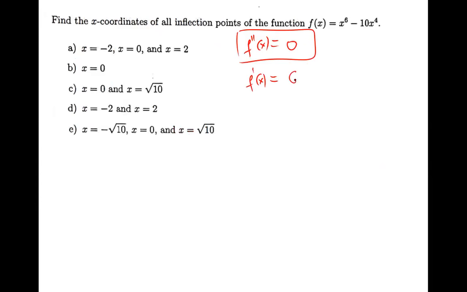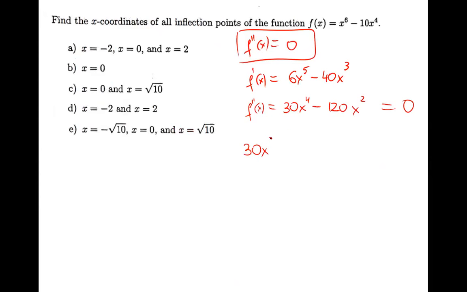The first derivative is 6x to the power of 5 minus 40x cubed. The second derivative is 30x to the power of 4 minus 120x squared. And this must be 0.